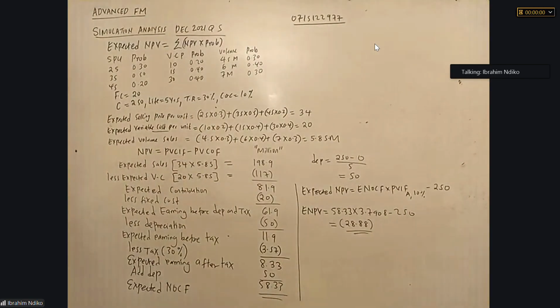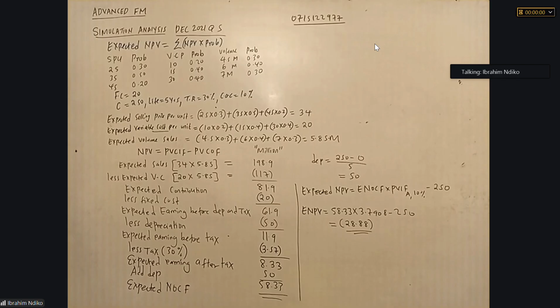So what about negative NPV? Nimepata the same. Yes. Now let us now move on to part B. That is simulation. That is the simulation part.